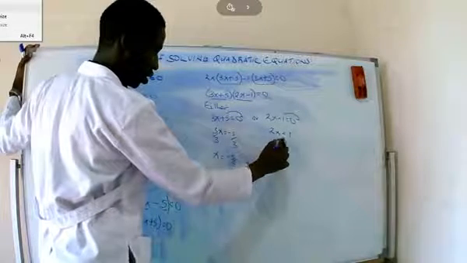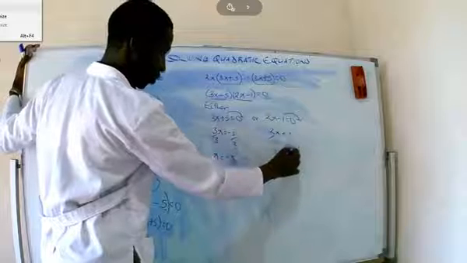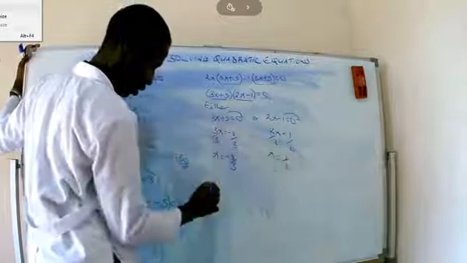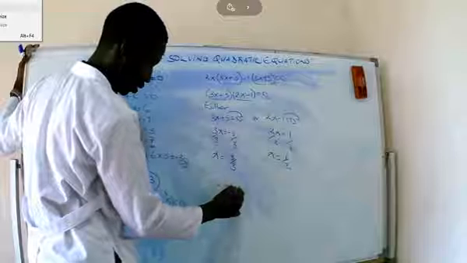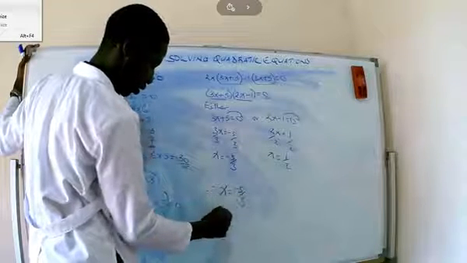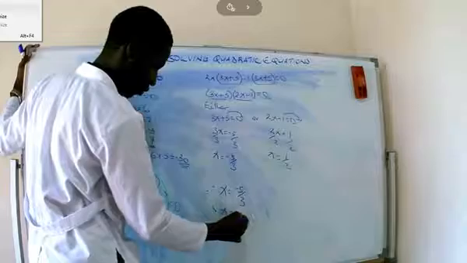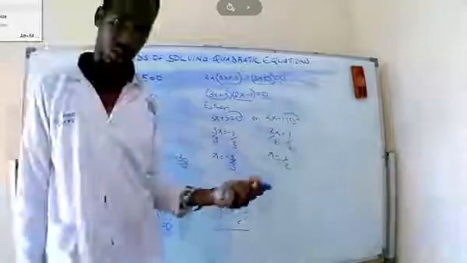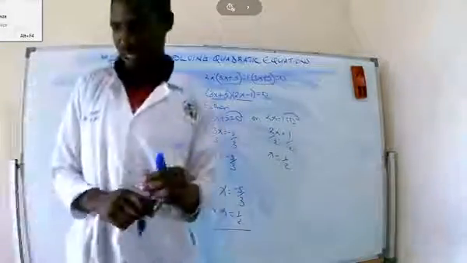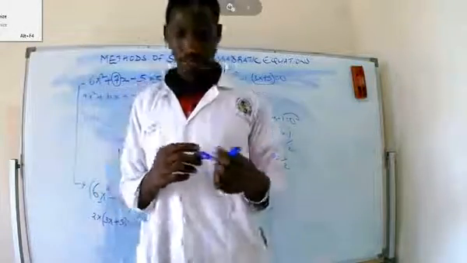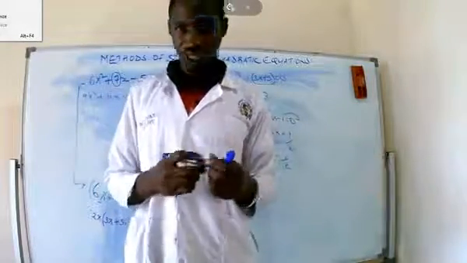Here we divide all through by 2, so x equals positive a half. Therefore, x equals negative 5 over 3, x equals 1 over 2. These are the solutions to the equation. You can realize that it's very simple to solve equations using the factorization method.